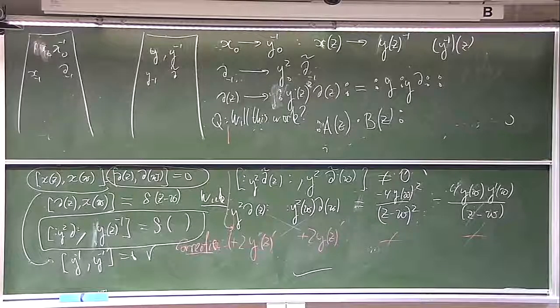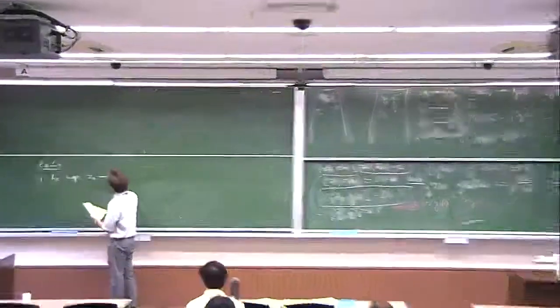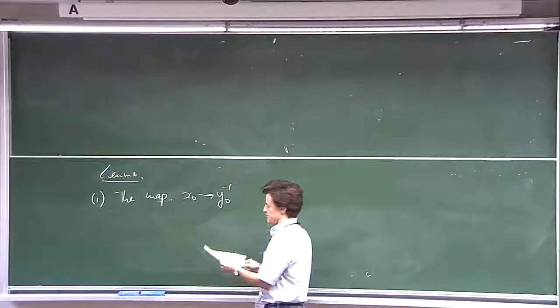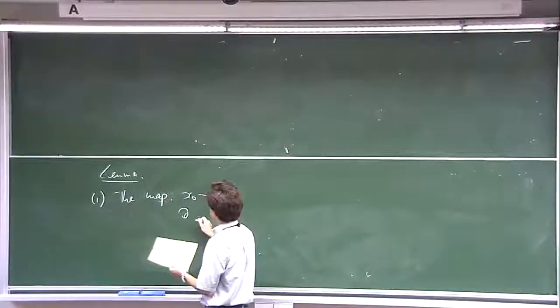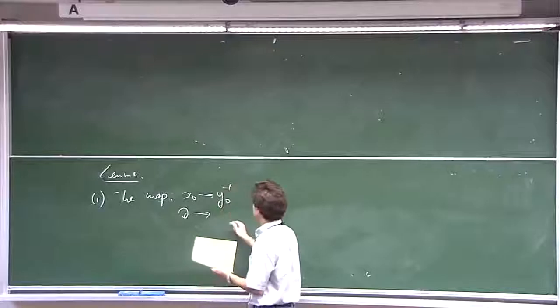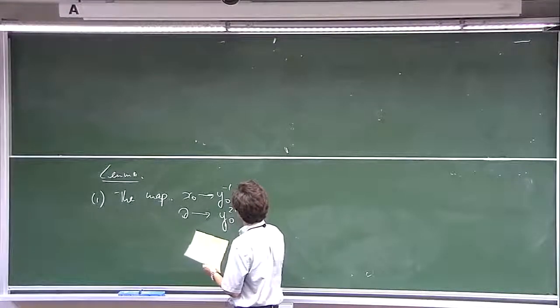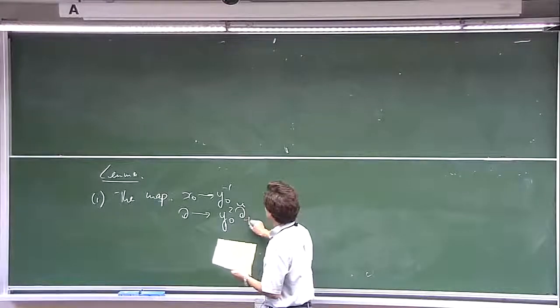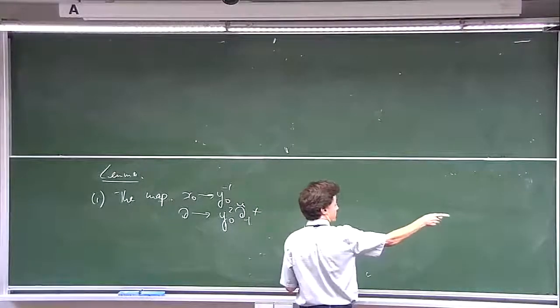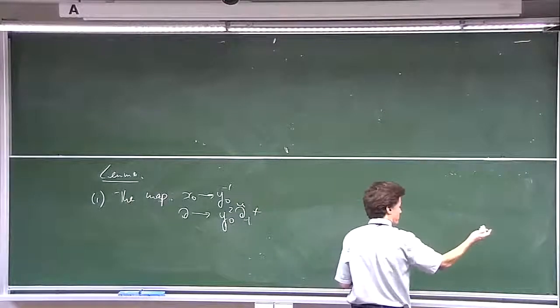First, the map that sends x0 to y0 inverse and d to y0 squared d tilde minus 1 plus, Y prime is the field.